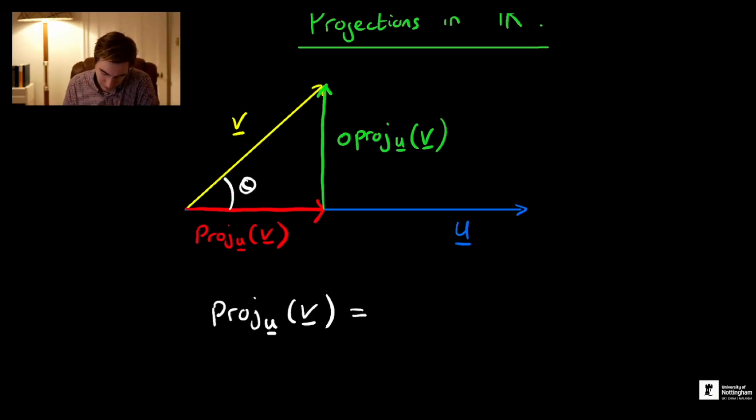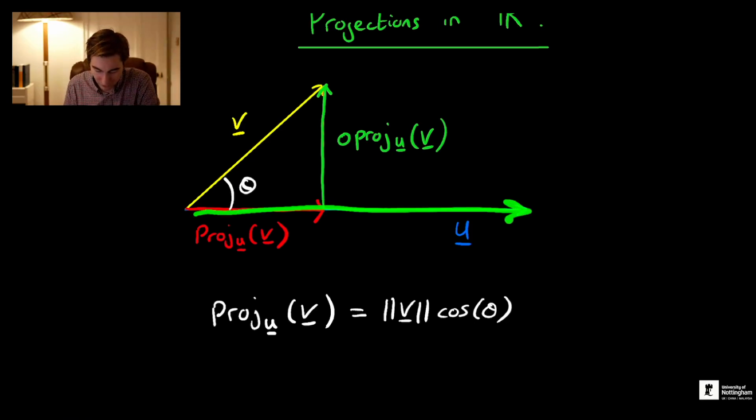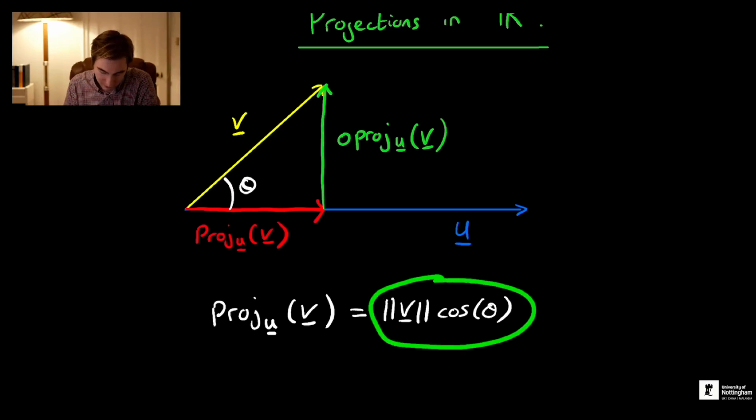So we're going to get something like the norm of v cosine of theta, and then we want to multiply it by the vector in this direction, but we need to make sure that that vector has unit length, right? Because if we pick this full vector u and multiply it by this thing, it's going to stretch it even further. So here we've got the length of our projection vector, and we want to multiply by the unit vector of u.